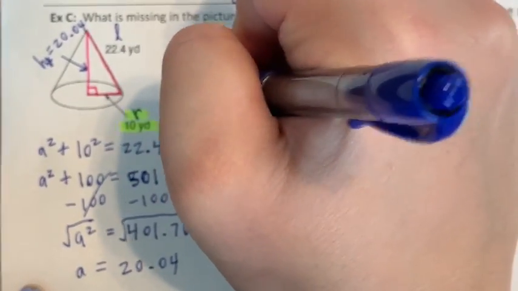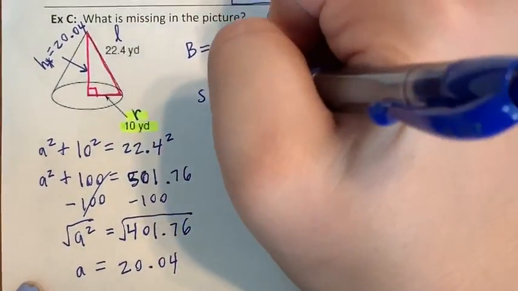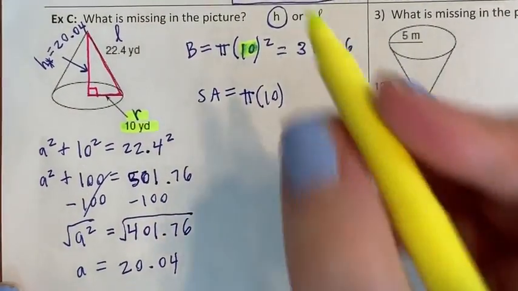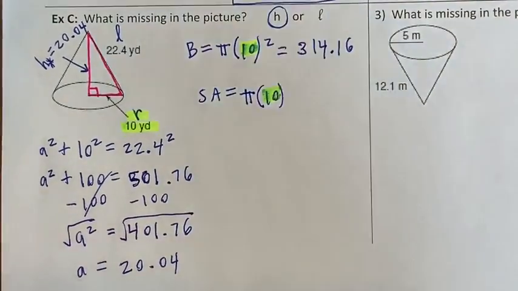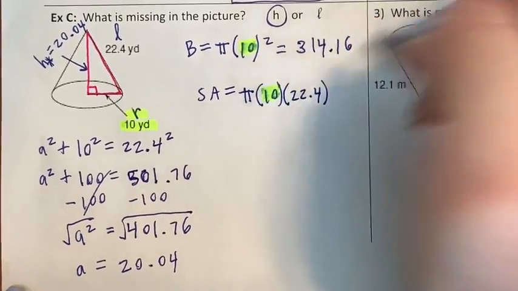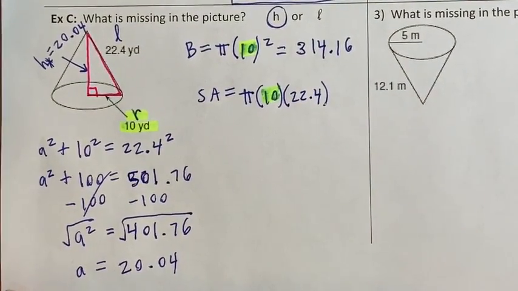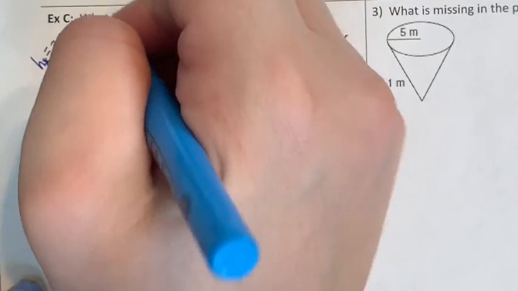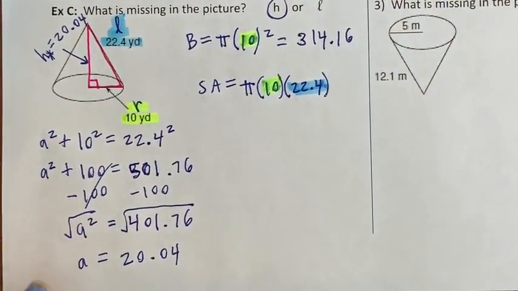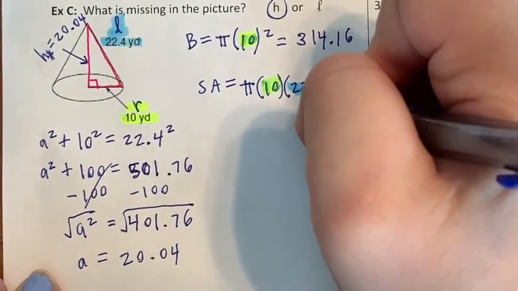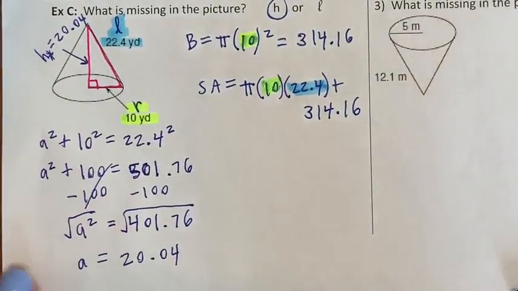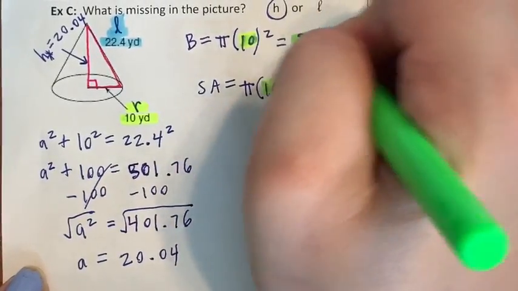Now we can plug it into the surface area formula. So pi times my radius of 10 times my slant height, which the problem gave us, 22.4, plus my base, and I'm running out of room here, plus 314.16 from my scratch work for finding base.